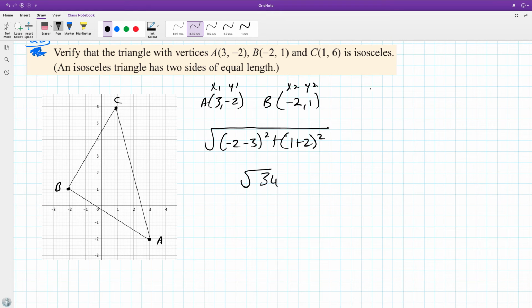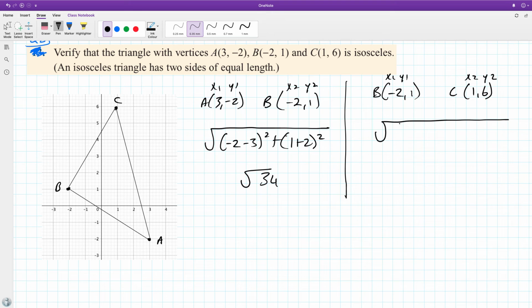Square root of 34. And then I'm also going to check B and C. B is the point minus 2, 1 this time, and C is the point 1, 6. x1, y1, x2, y2. That is the square root of x2 minus x1, which is 1 minus minus 2, which is plus 3 to be squared, plus y2 minus y1, which is 6 minus 1 to be squared.